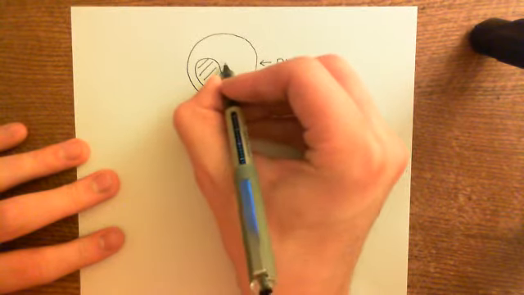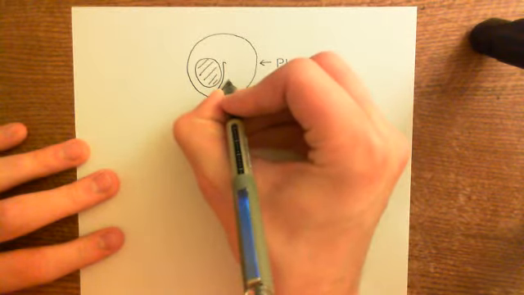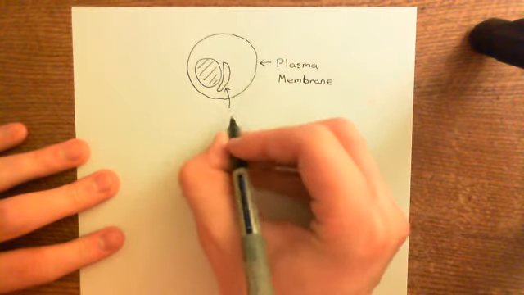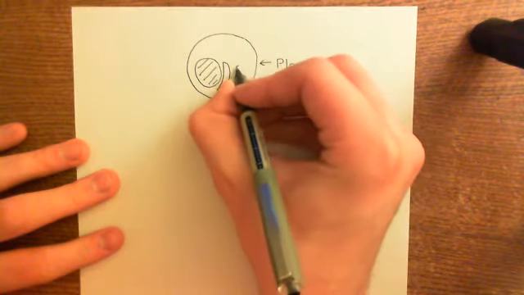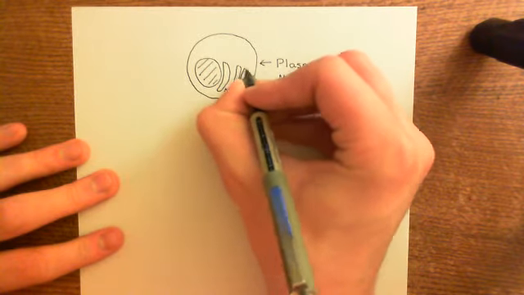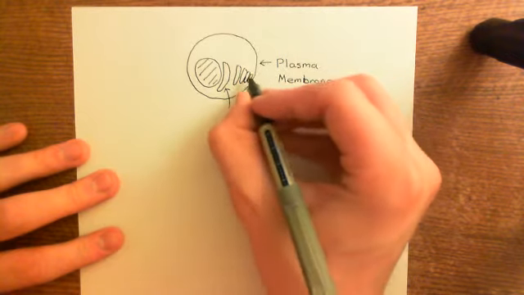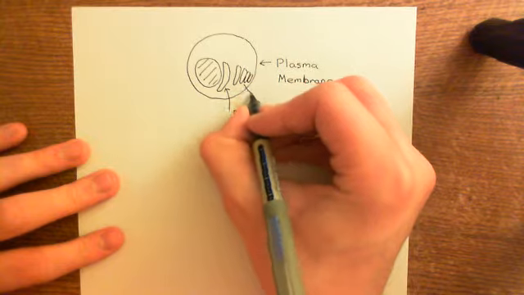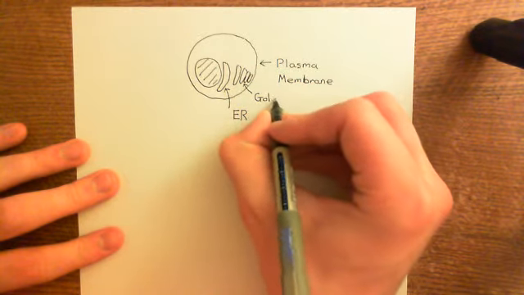Then you will have a structure here, which we'll call the endoplasmic reticulum, so I'll put ER. Another membrane-bound organelle that you have within cells is the Golgi apparatus, and this is made up of a whole bunch of flattened membrane-bound structures all put together like so. There's usually around 7 of these things stacked on top, but I've run out of space, so I've only drawn 4.